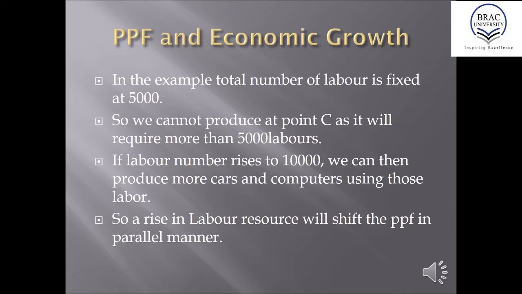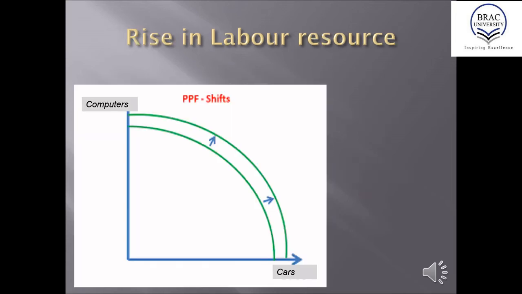So a rise in the labor resource will shift the PPF in a parallel manner, and the PPF would look something like this. The arrow represents the shift in the PPF.